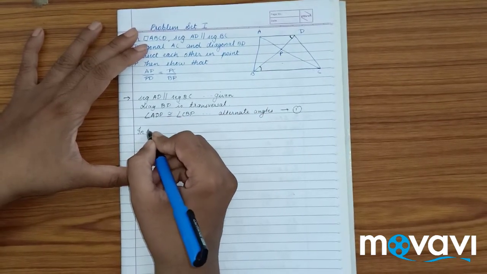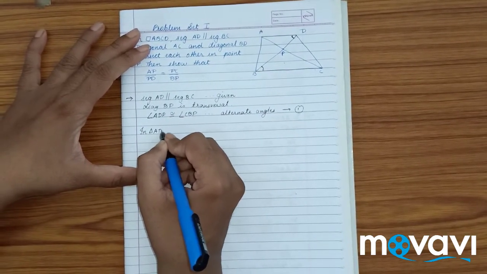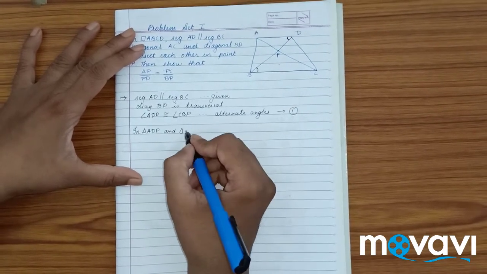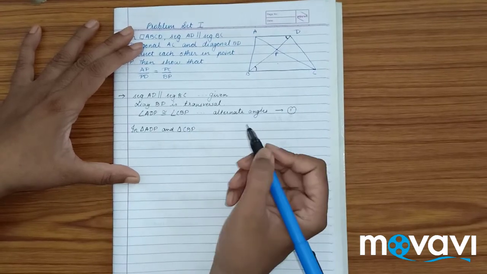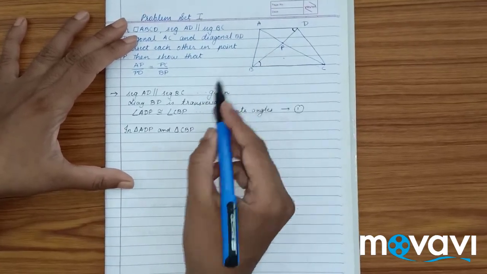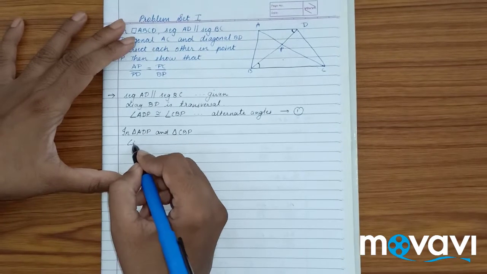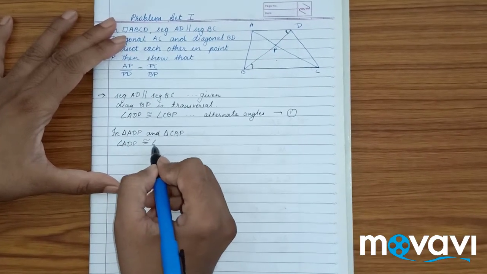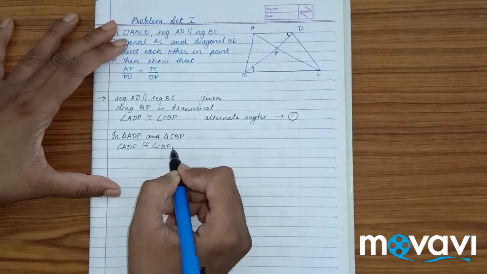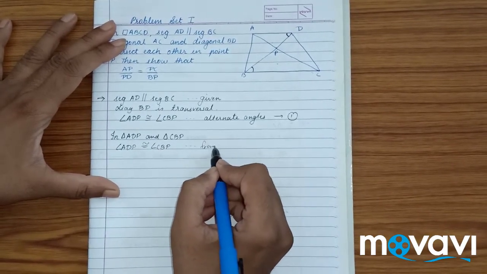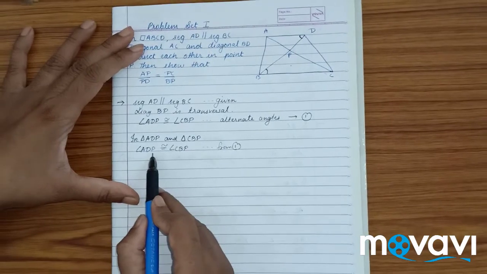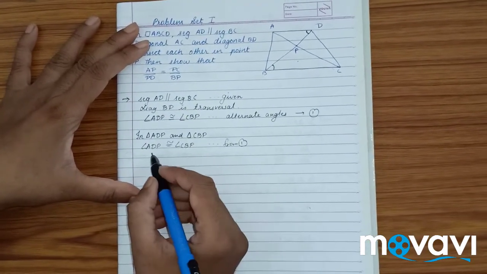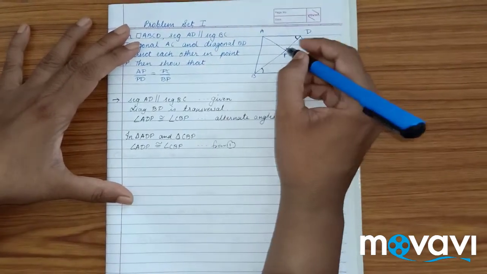That is, in triangle ADP and triangle CBP, from 1, angle ADP is congruent to angle CBP.